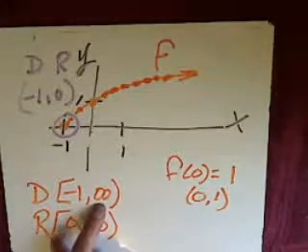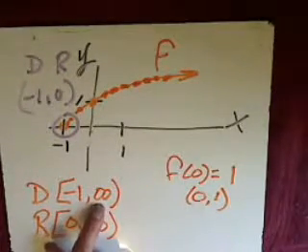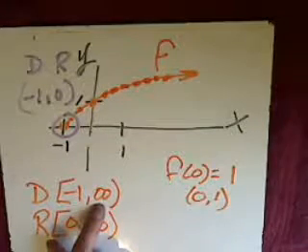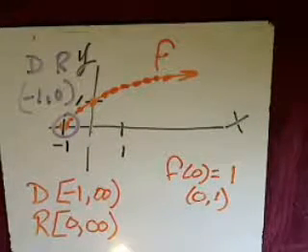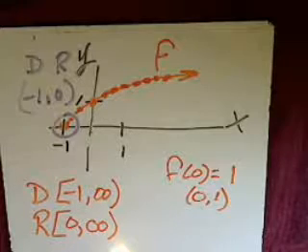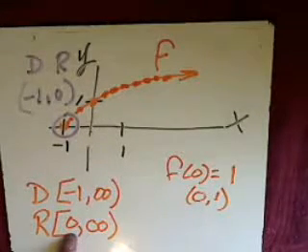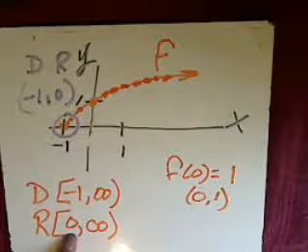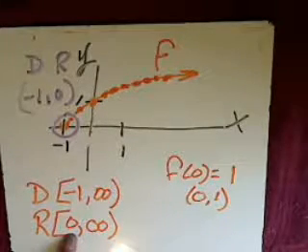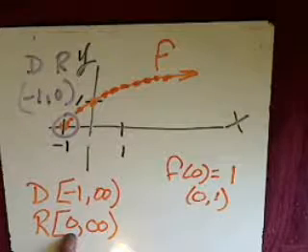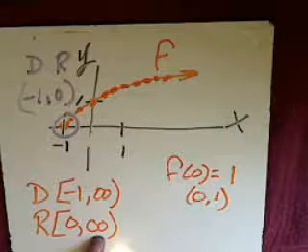Now, does the curve go to the right forever? It does. So there you go, it means infinity. Let's try the range, the y. What's the starting point? 0. It doesn't go down any further. There's no orange below that point. And it goes up. So 0 to infinity.